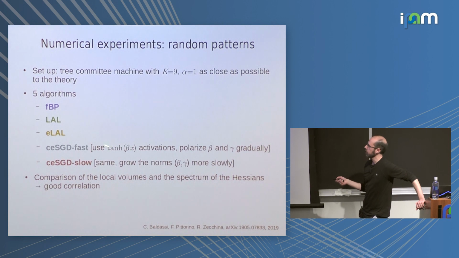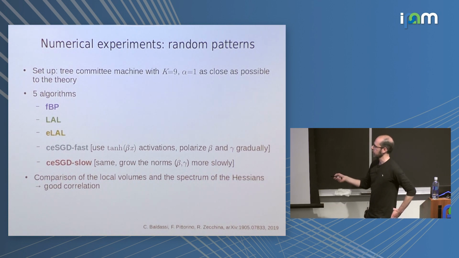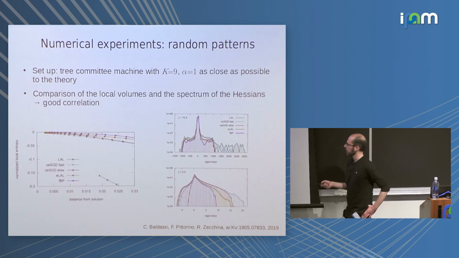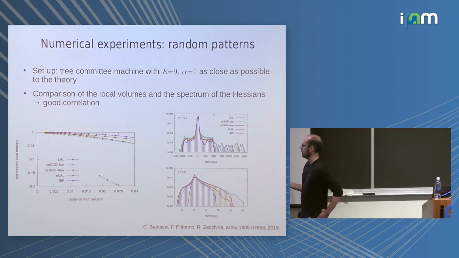And so what we end up doing is applying this algorithm, but controlling the norms ourselves. I'm calling beta and gamma the norms, because that's their role. And we polarize them gradually, and we do it either quickly or slowly, essentially. And then at the end, we find solutions and compare the local volumes, the spectrum of the Hessians, and so on. So the outcome is shown here.